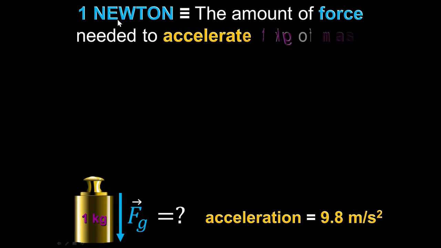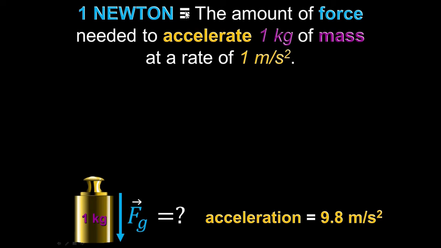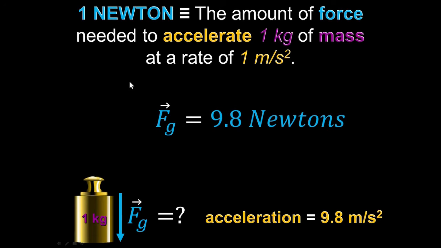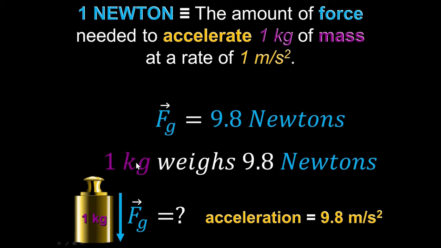The definition of 1 Newton, three little lines here means definition, it's the amount of force needed to accelerate 1 kilogram of mass at a rate of 1 meter per second squared. So how much force would accelerate it 9.8 times as fast? Well, the force of gravity must have been 9.8 newtons. We say 1 kilogram weighs 9.8 newtons. This is mass, and this is weight.